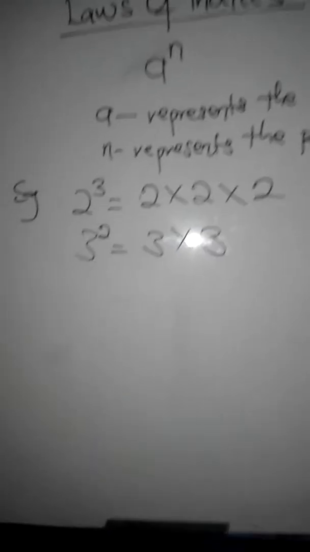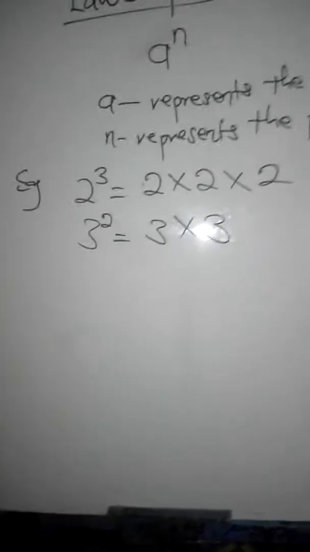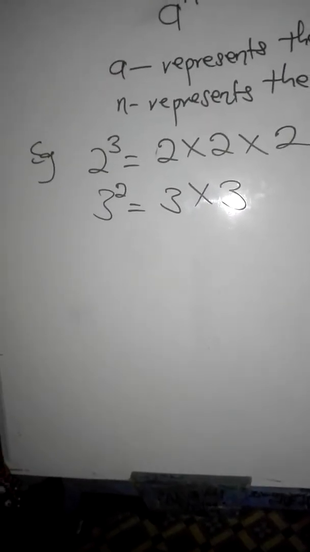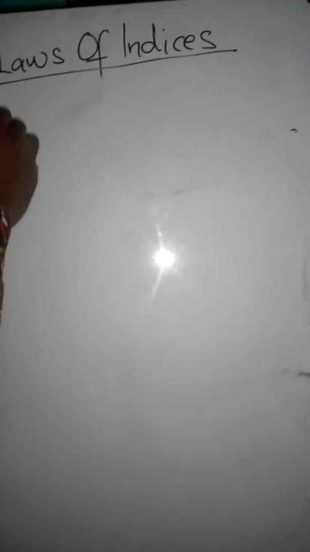Let's look at the first law of indices. A to the power m times a to the power n. Since the bases are the same, we have to add the powers when we are multiplying.